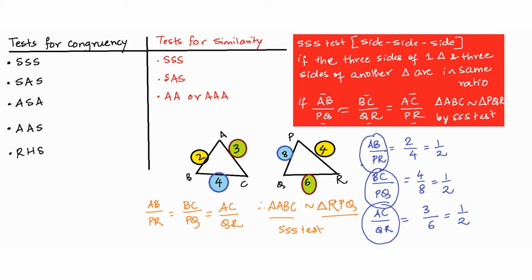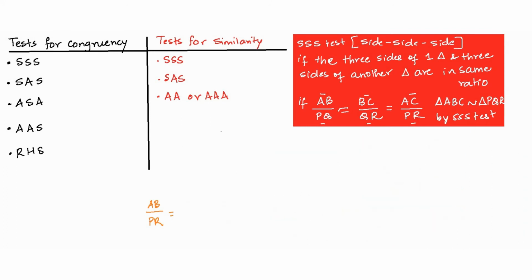Okay, let's now continue with the SAS test. So the name suggests that two sides should be in proportion. Mind you, the SAS test in congruency was two sides should be equal. So let's quickly note that down over here so that it's easier to understand the similarity part.